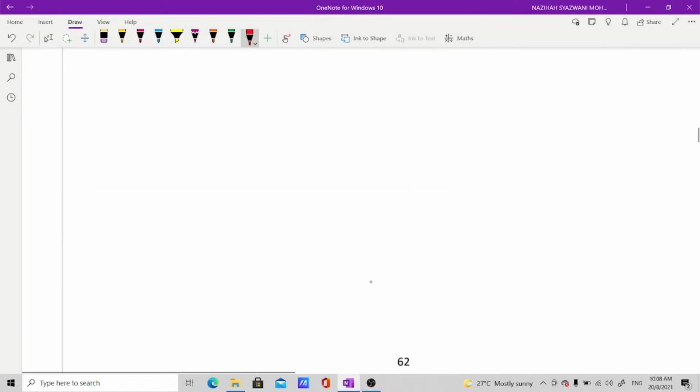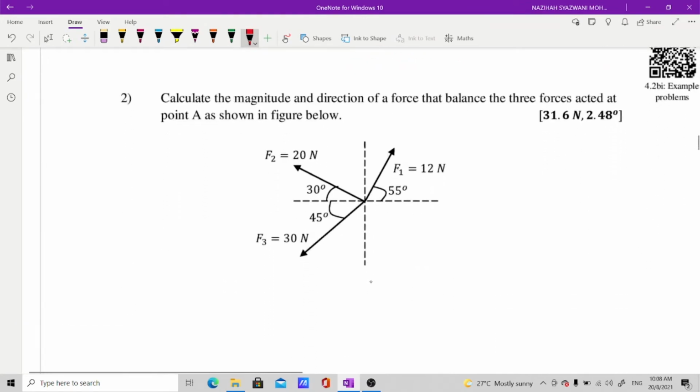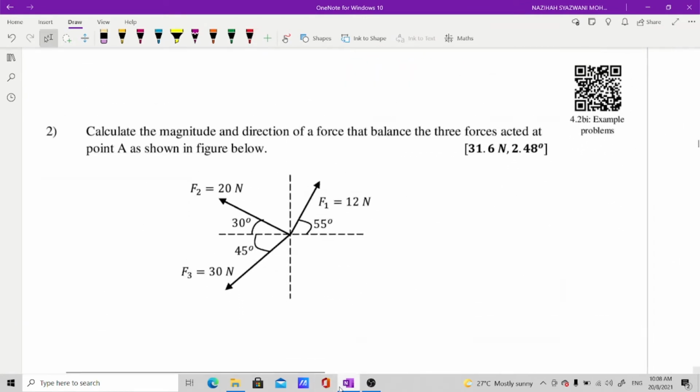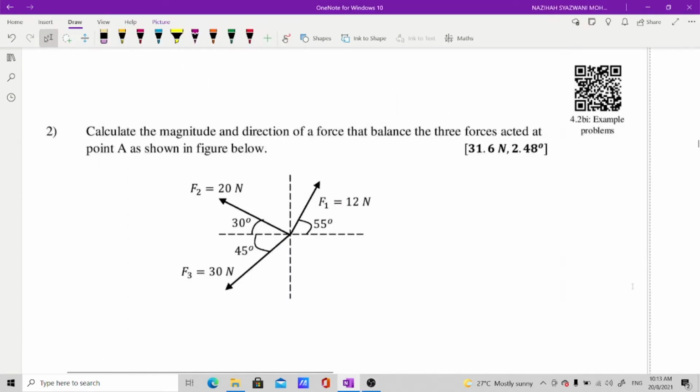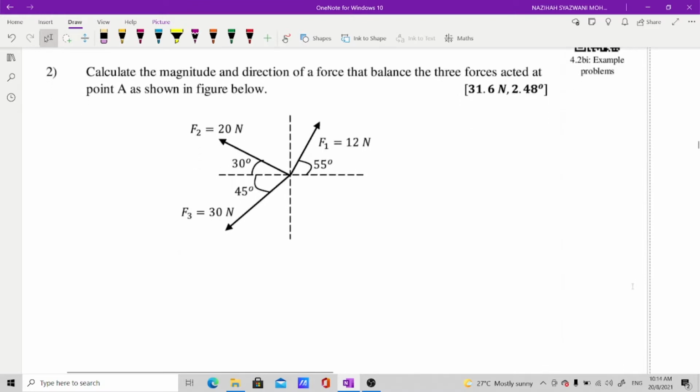So next, let's look at question number 2. For question number 2, calculate the magnitude and direction of a force that balances the three forces acting at point A as shown in the figure below.